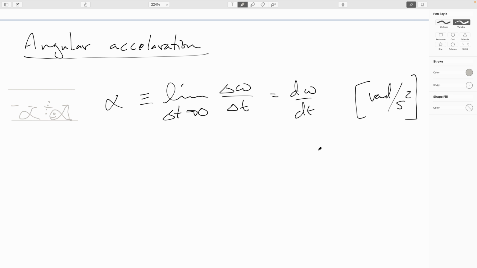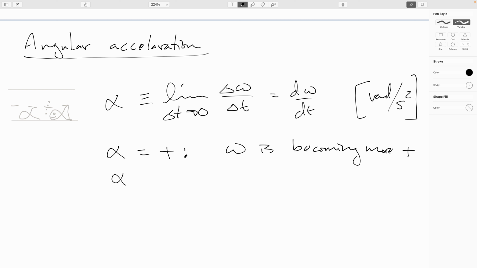Okay, so how do we interpret this? The way I like to think about it is if the sign of the angular acceleration, the rate at which my angular velocity is changing, if it's positive, what I'll say is that omega is becoming more positive.